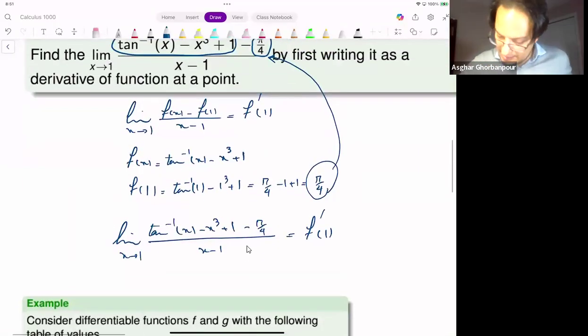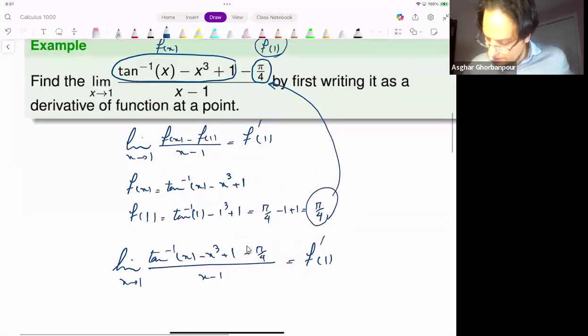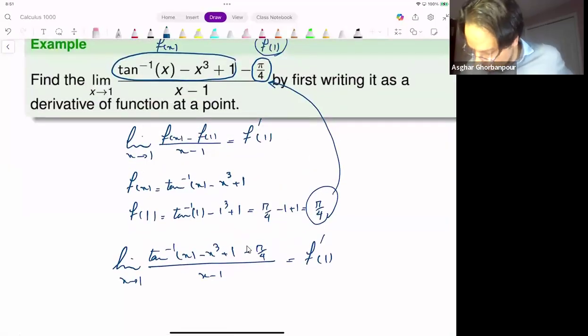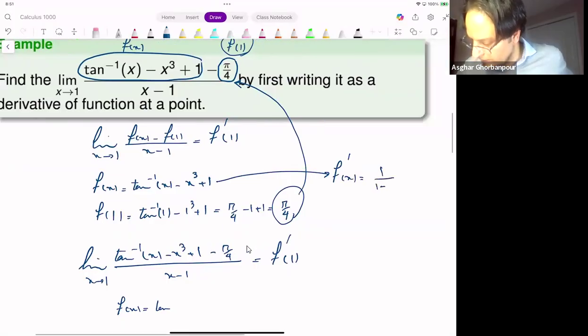If someone is asking you to evaluate that, you just say f of x is this, so the derivative is 1 over 1 plus x squared, that's the derivative of tan inverse, minus 3x squared plus 0.